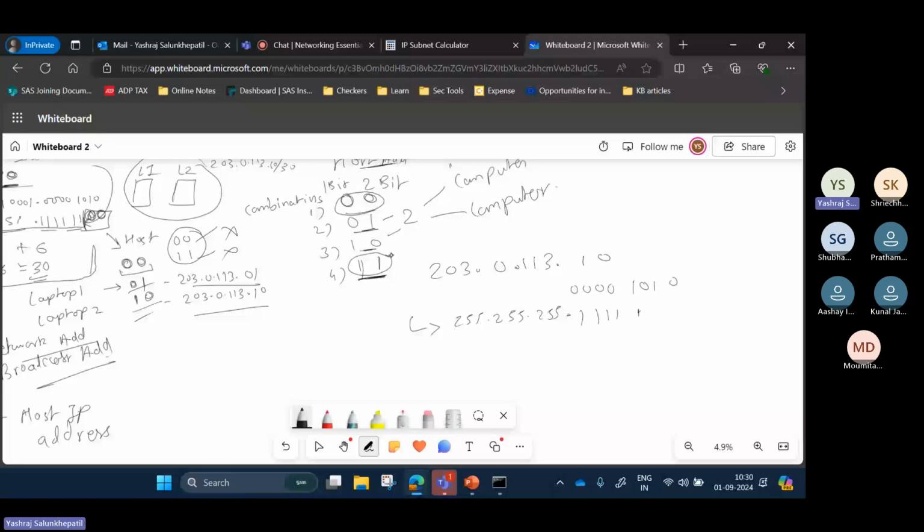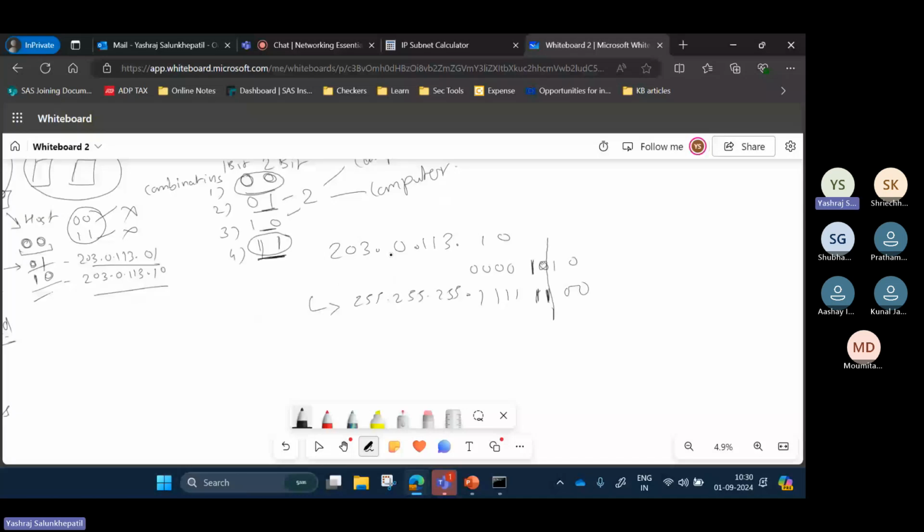I'll draw a line over here. Okay. Right. So now we have 01, ठीक है, which means 1001 and 1010. इसका क्या हुआ? 8 + 1 which is equal to 9.